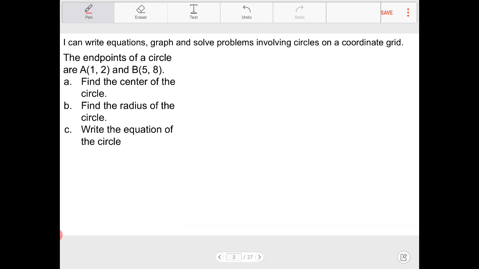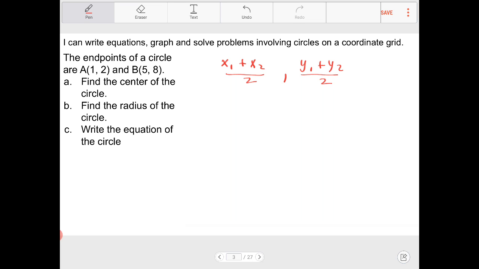To find the center of the circle, it has to be in between the endpoints of the diameter. So all we have to do is find the midpoint between the two endpoints of the diameter. The midpoint formula is x1 plus x2 divided by 2, it's the average, and y1 plus y2 divided by 2.